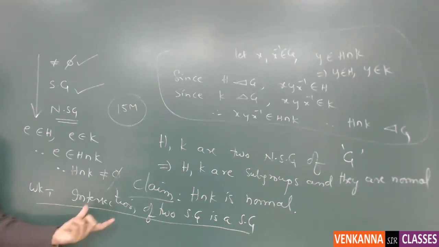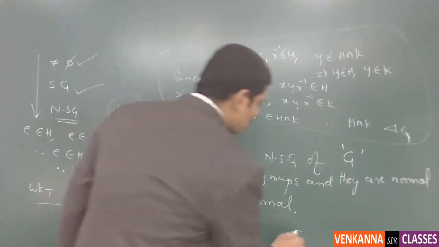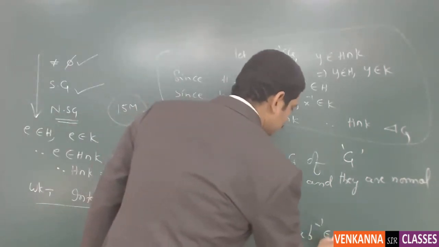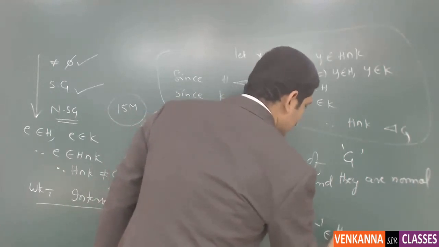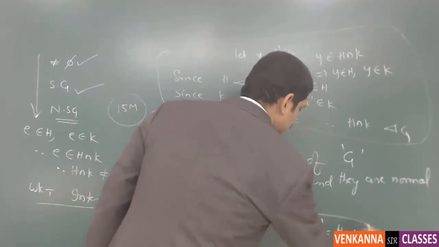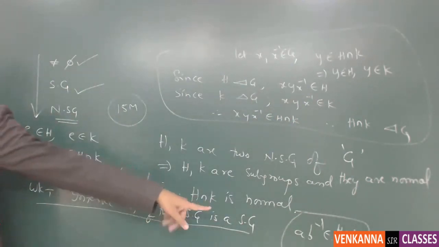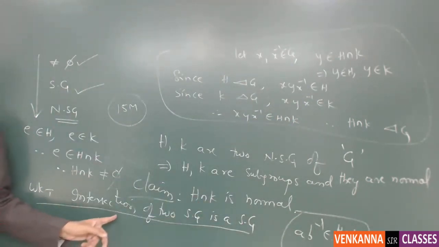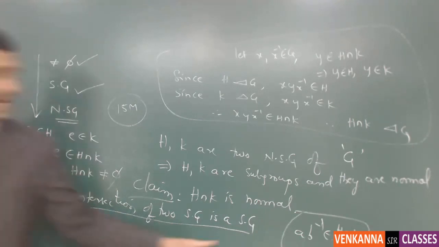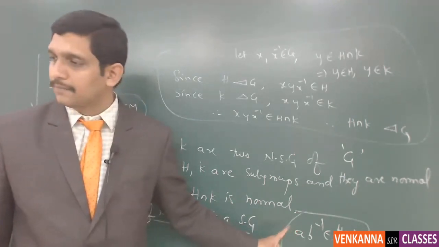It is also a 5 line proof. There we will prove that AB inverse belongs to H intersection K. Could you recollect that necessary and sufficient condition? While proving that the intersection of two subgroups is a subgroup, we make use of this condition. Accepted?